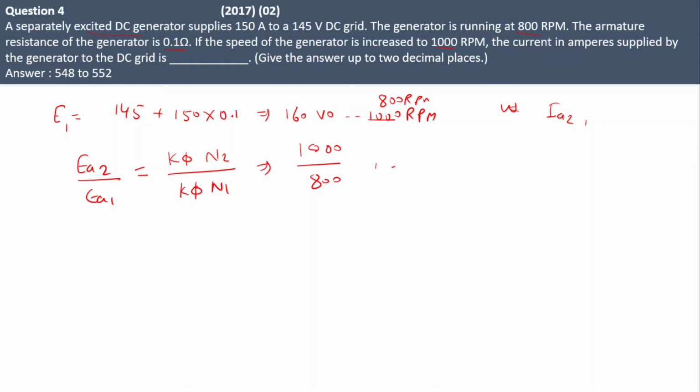So you will get EA2 equal to 200 volt, EA1 equal to 160. Once you know EA2, you can find out the current, because EA2 equal to V plus IaRa. So 200 equal to V plus Ia into Ra. Ra is 0.1.